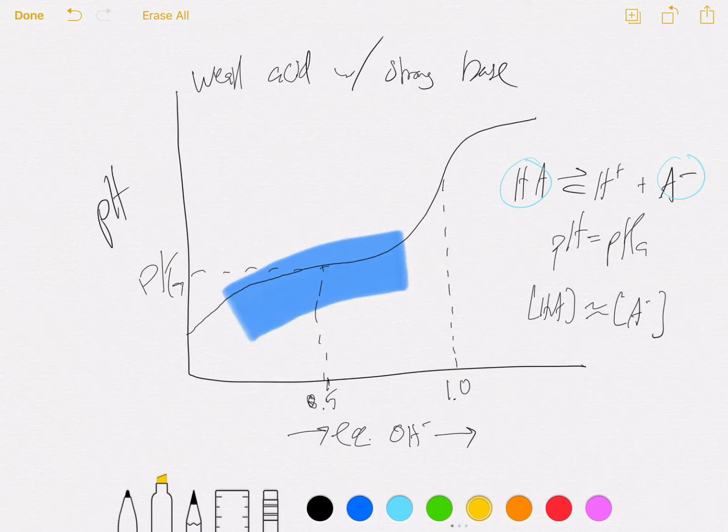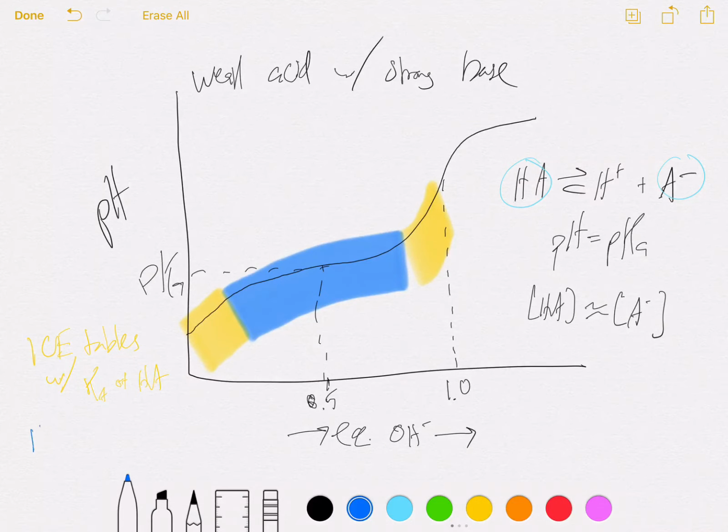In the region just preceding that and just following it up to but not including the equivalence point, you're going to have to use ice tables. And so in the yellow, ice tables with, not the pKa, the Ka of your weak acid.